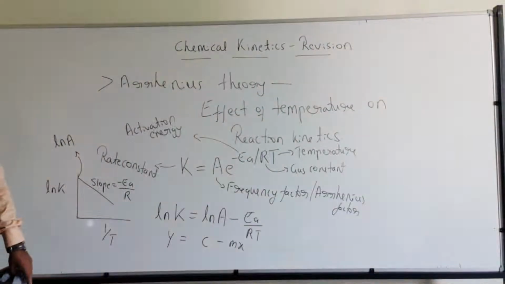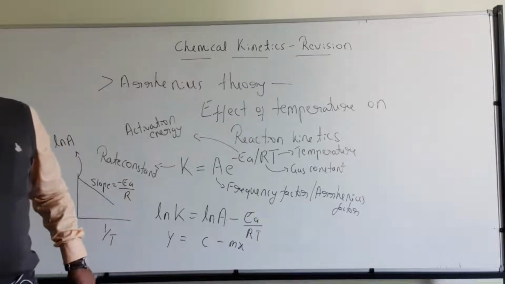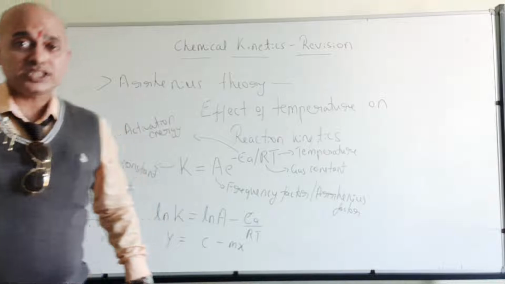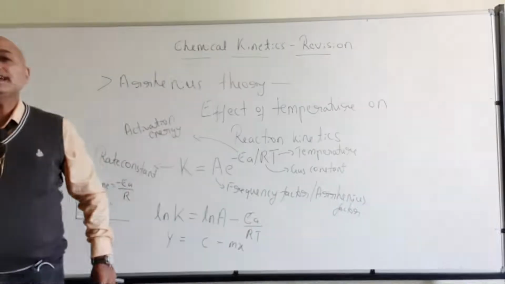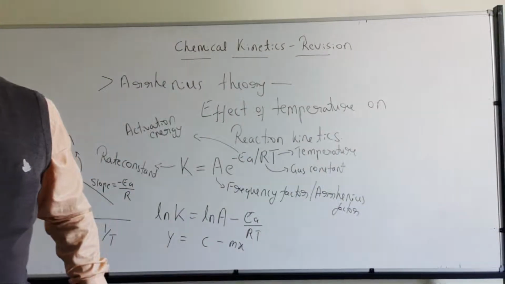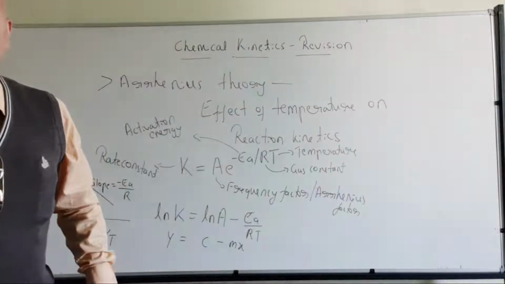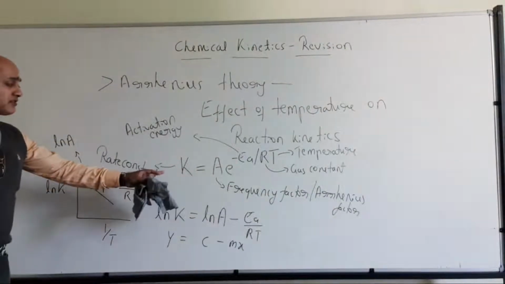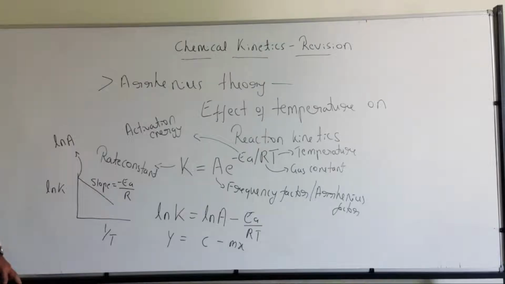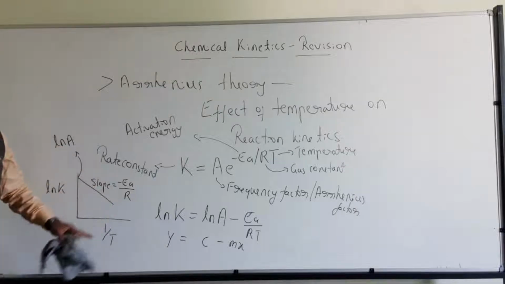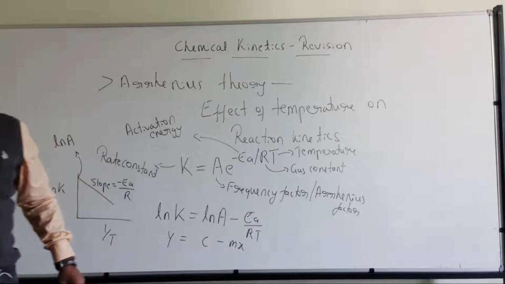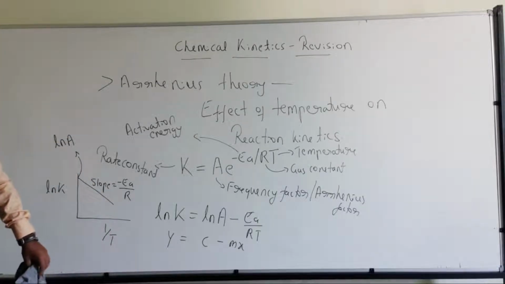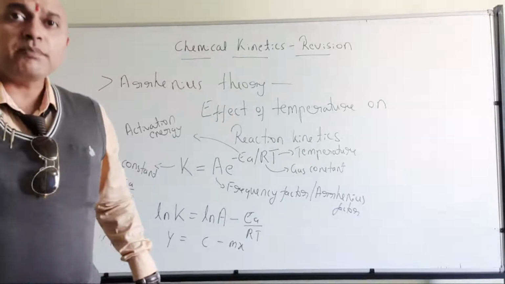It can be utilized to calculate the rate constant if we know the A value and the activation energy value. Or if you know the rate constant, then you can easily calculate the Arrhenius factor, that is the frequency factor, and the activation energy for a particular reaction. All of you got my point?